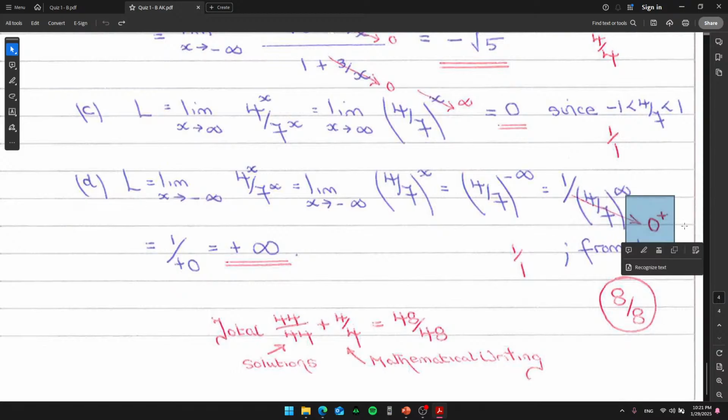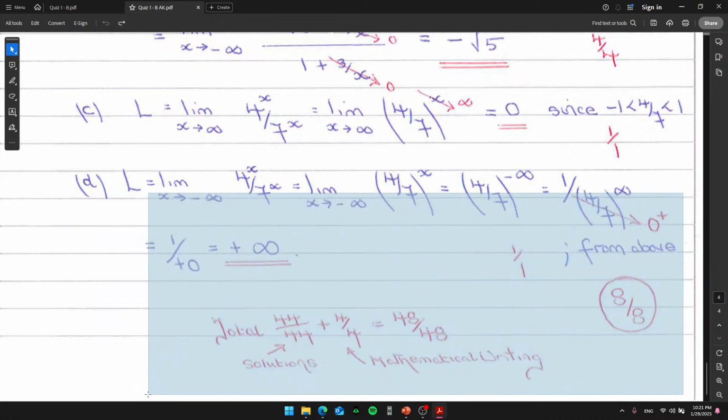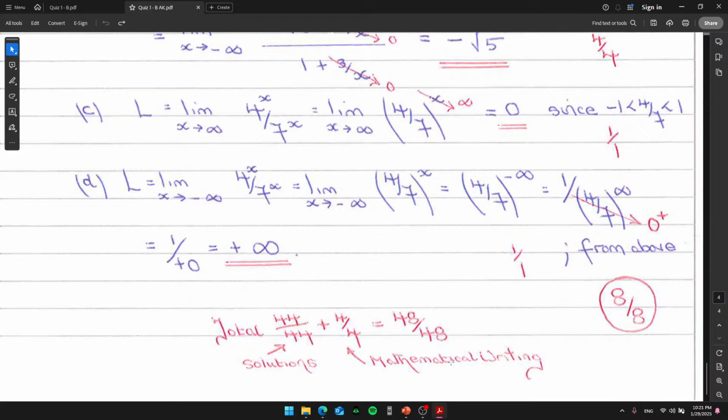I don't know how he got this 0 from the right, like why it's not 0 from the left, or 0 in general. So that's why I'm telling you to skip this question. If you encounter this question tomorrow, the answer is positive infinity.